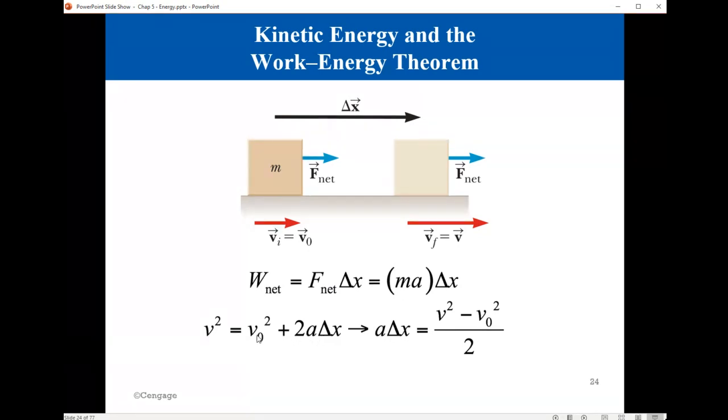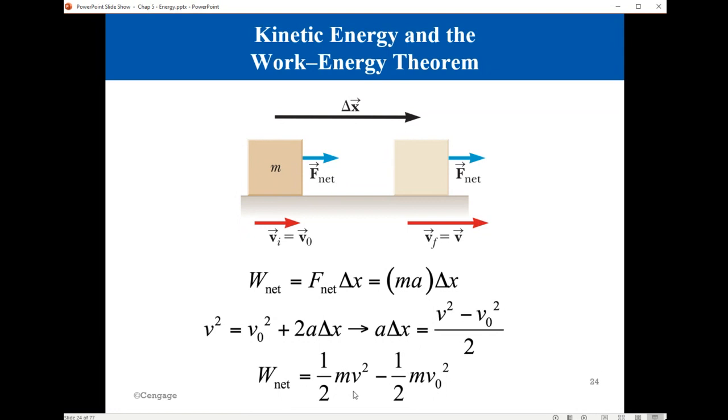Now, if you substitute here for ax this value, we arrive at this important conclusion. The net work is equal to half mv squared minus half mv naught squared.